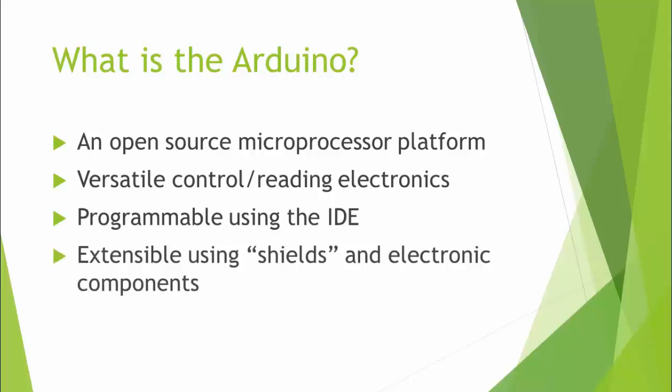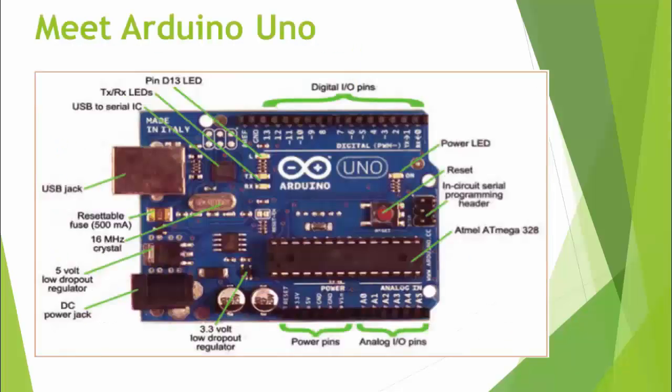And while it is simple, it can be extended with other hardware, what we call shields, circuit boards that we clip onto the top of the Arduino, giving it additional power where we need it. It's customizable. And it connects up to the computer as well as to breadboards through what are really quite simple connections. So let's talk about them here.